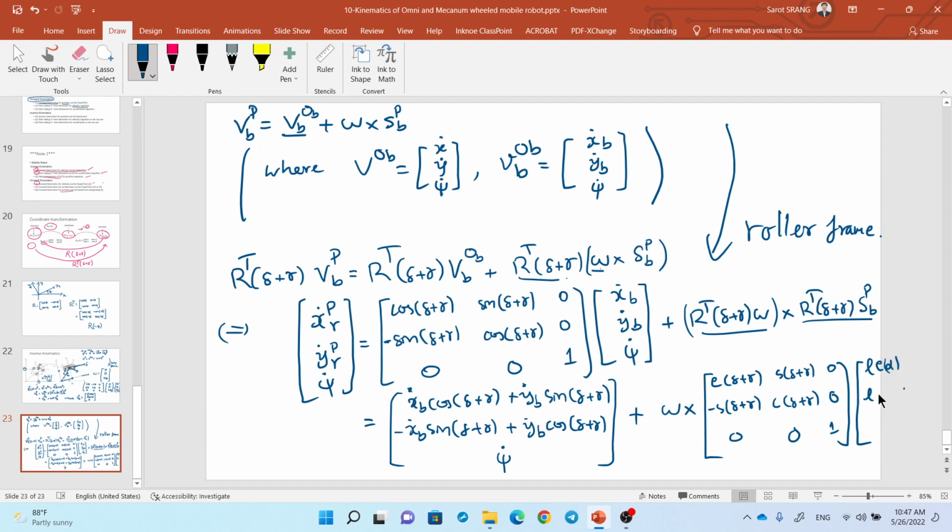So cos times cos plus sine times sine, cos plus sine sine, becomes cosine of this angle minus this angle.